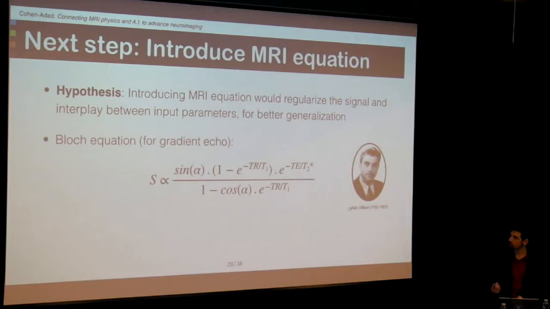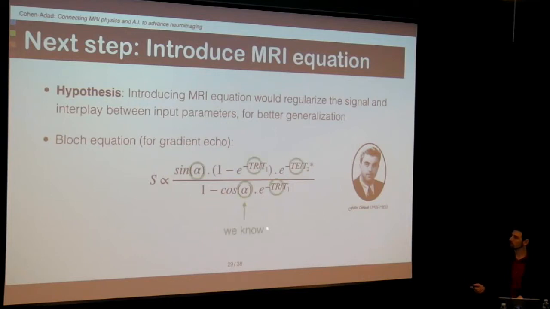We can take, for example, the Bloch equation, which was introduced almost a century ago by Felix Bloch. That's for one particular MR sequence, but you have an equation for different sequences, and the signal could be explained by some of the parameters.